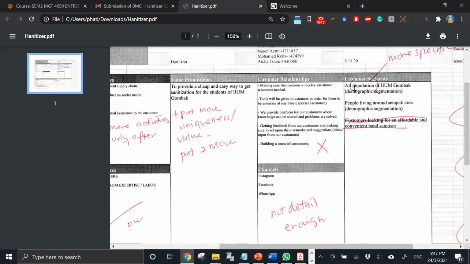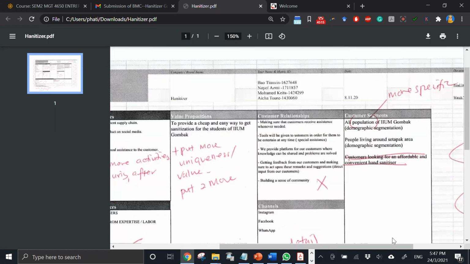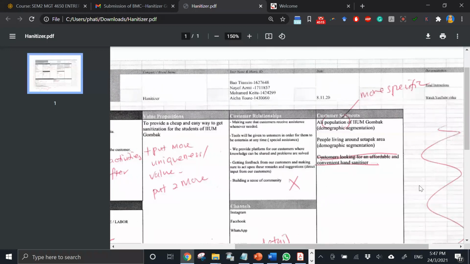For customer segment, when you are putting a list like this, the first information that you put here is your main target market. You need to be more specific. For example, you are selling scarves. Of course, you can sell scarves to the woman's husband or son, but the main target market is the woman.